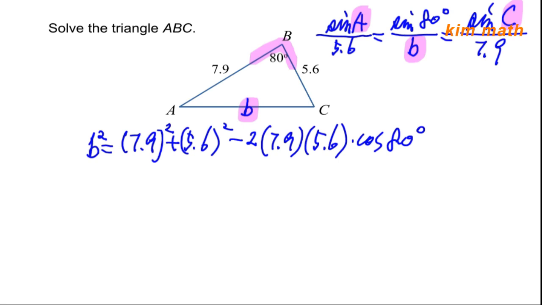Yeah, our mission is to find the value of b, and on the right side we can find this one, right? No variable in here, so you can use your calculator to find this one.